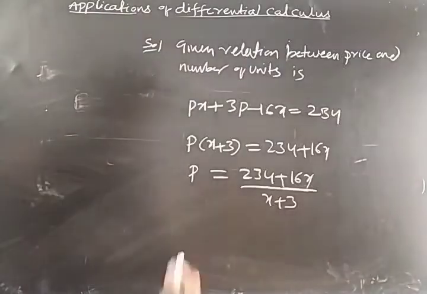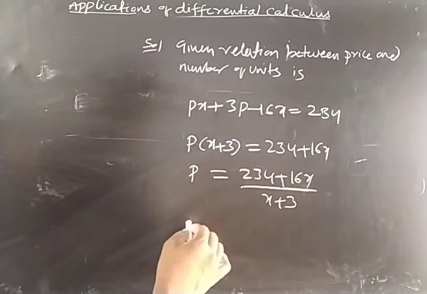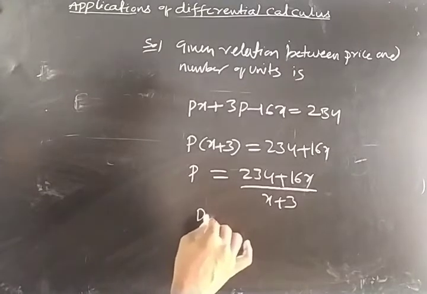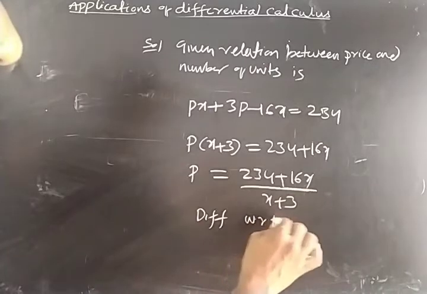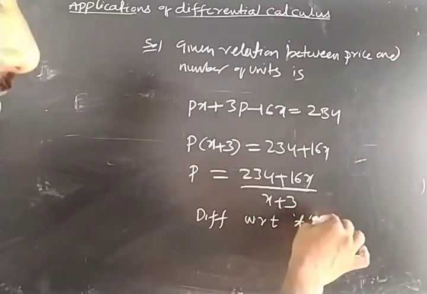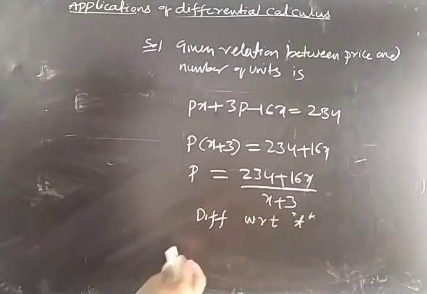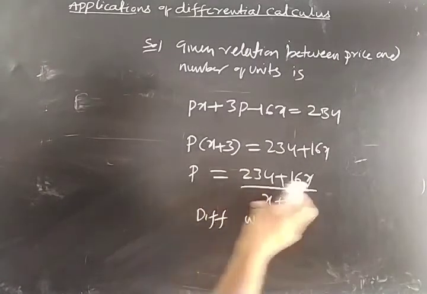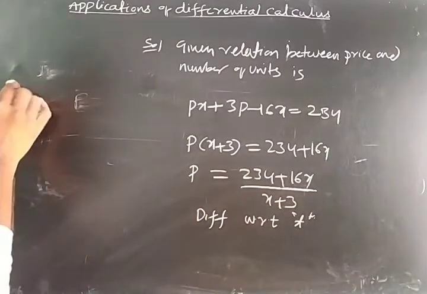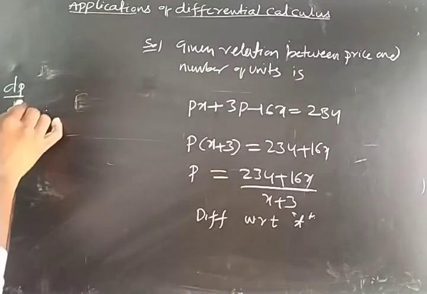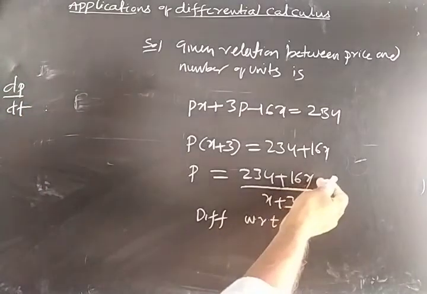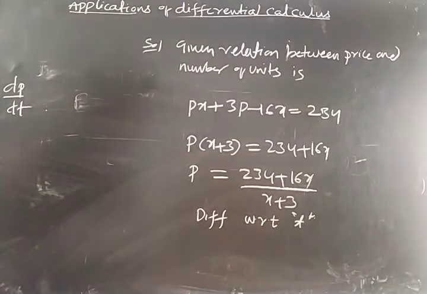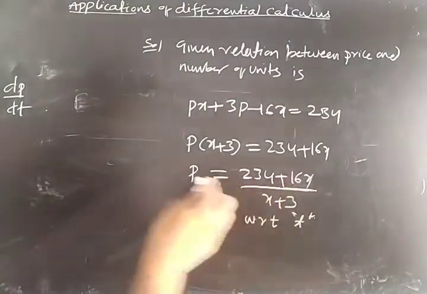Now by differentiating P with respect to T on both sides, here both P and X are variables. So left hand side dP by dt. On the right hand side X is a variable in the numerator and X is a variable in the denominator, so use the U by V formula.